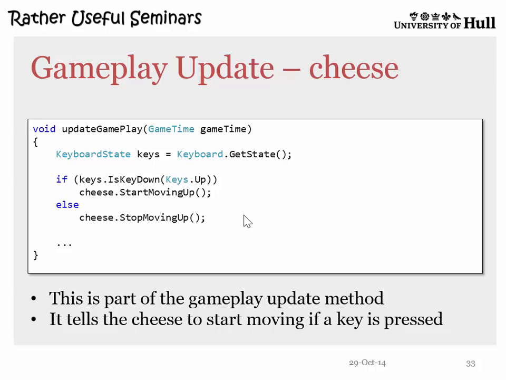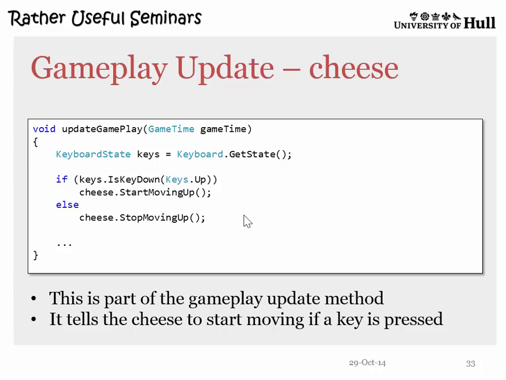So I'm going to send a message to my game object to say, hey, start moving this way or stop moving that way. If they press the up key, then cheese, start moving up. If they don't press the up key, don't move up. Does that make sense? I've got three others for left and right and down.